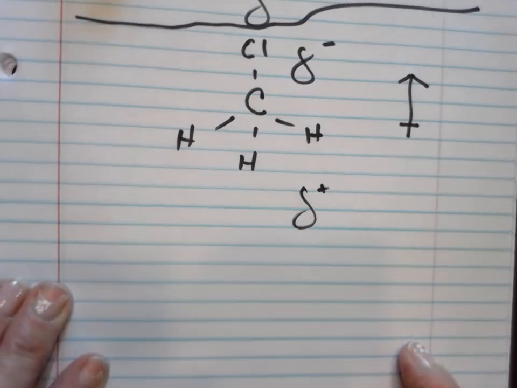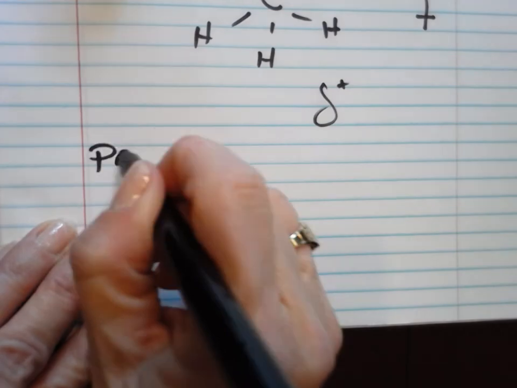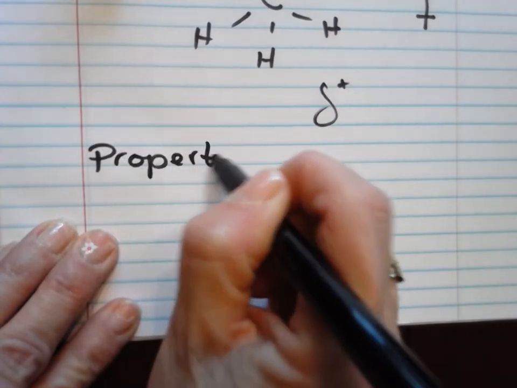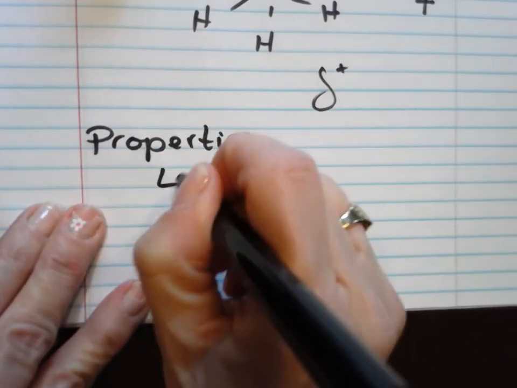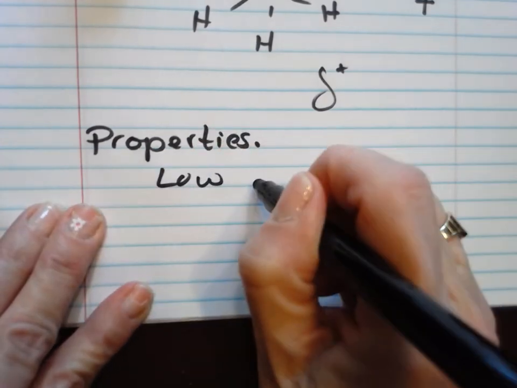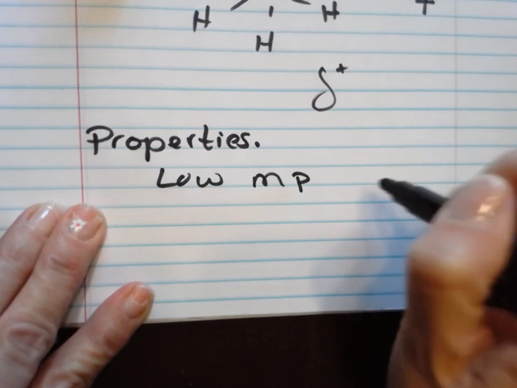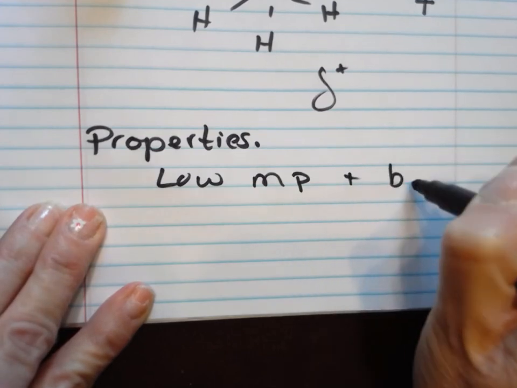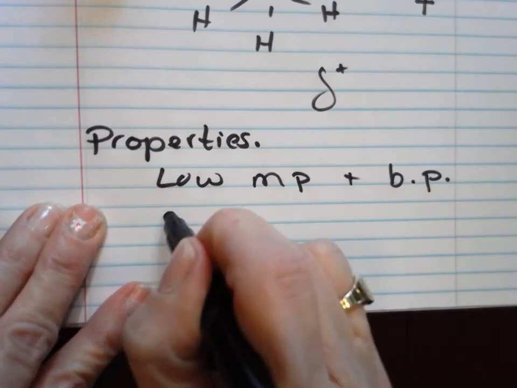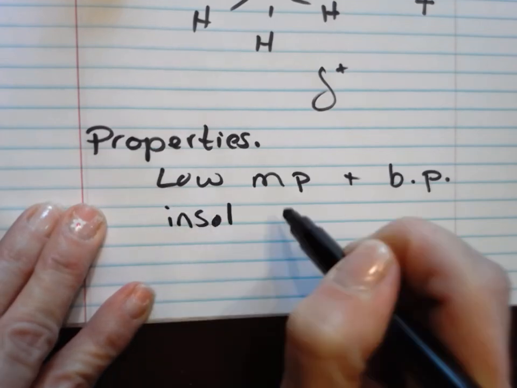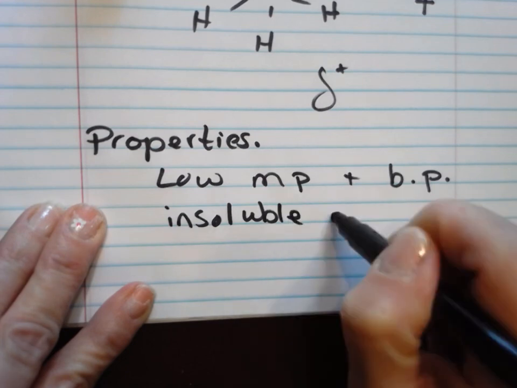Properties of your alkanes. Just think of gasoline. Gasoline and other alkanes have low melting points and low boiling points. They tend to be insoluble in water.